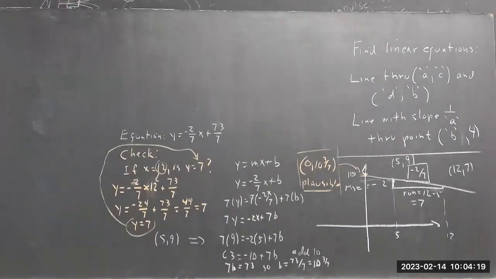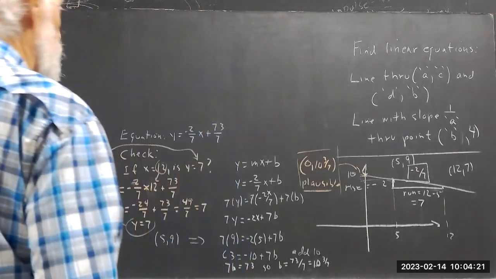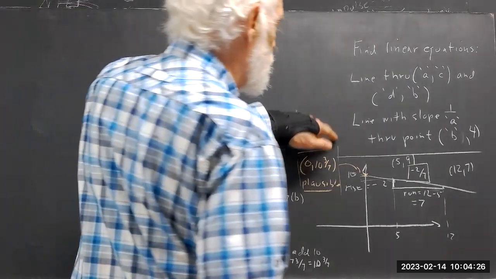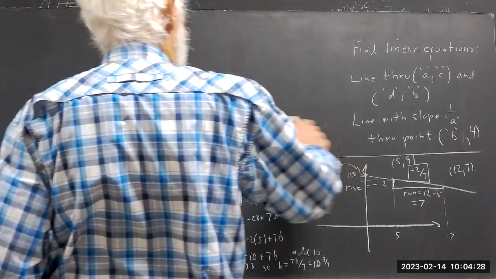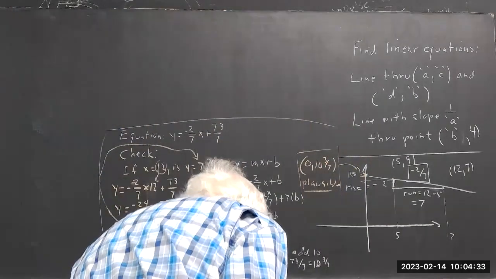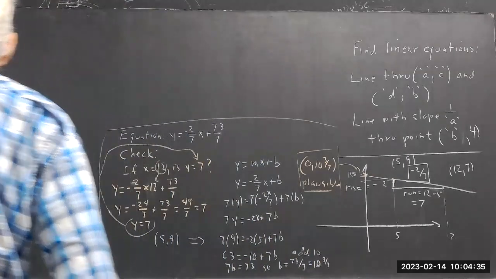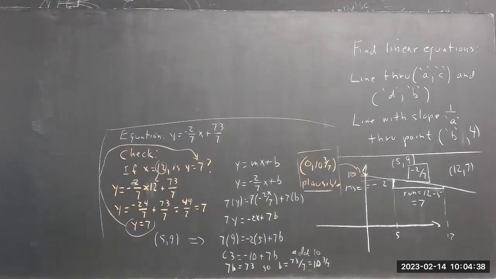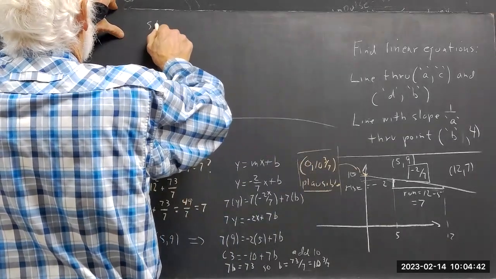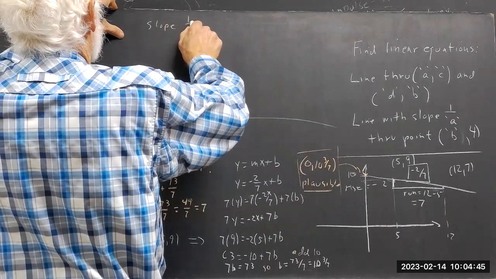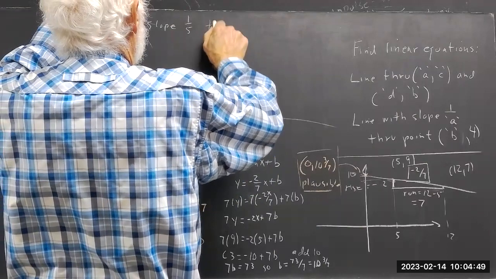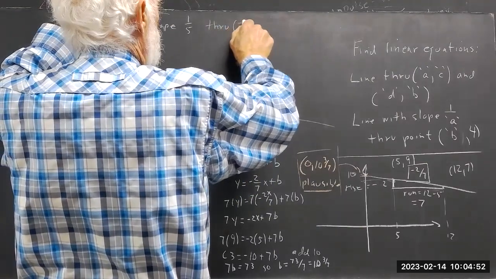Let's be sure to plug x in, so plug y in. This line: slope 1/5, through the point 7, 4.